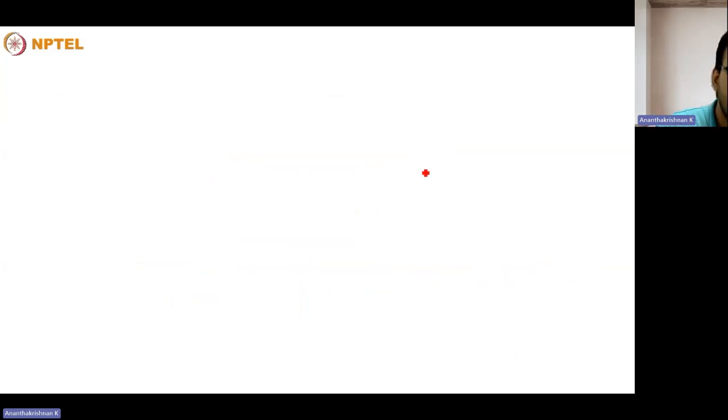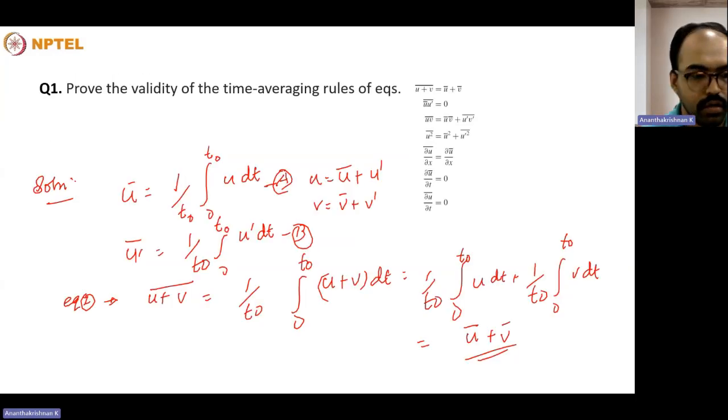We have to show that the average of U bar into U dash is equal to 0. We have to prove it is equal to 0.